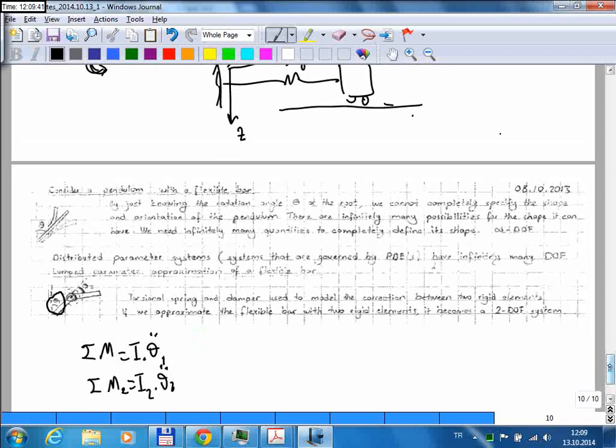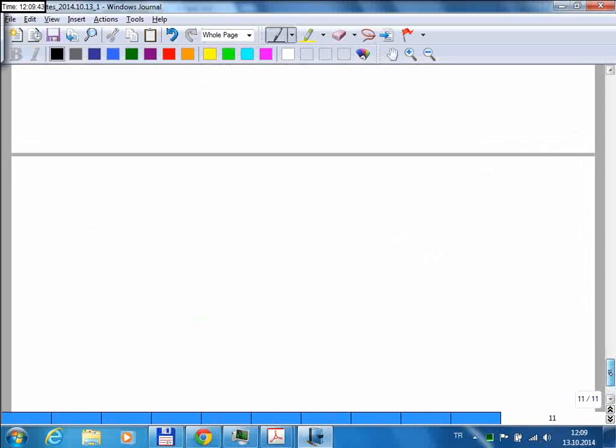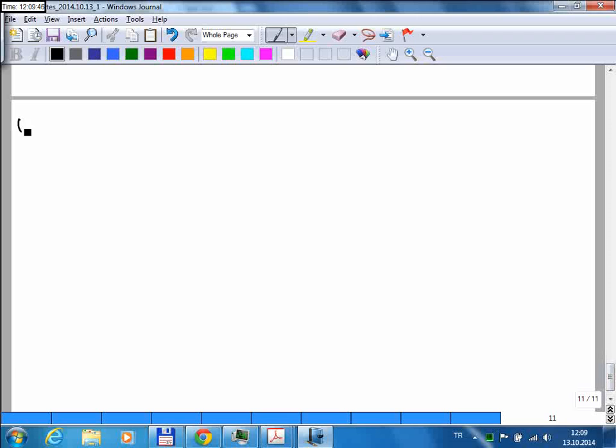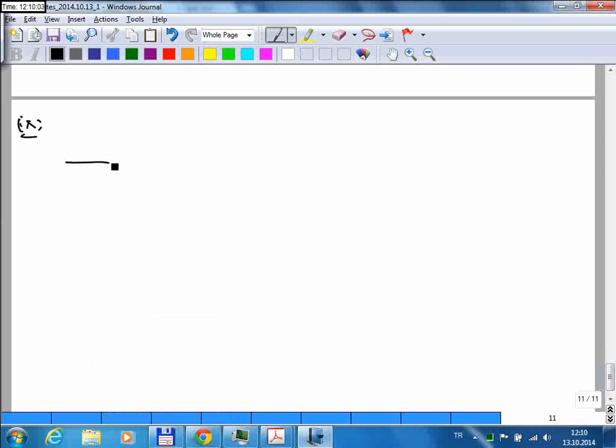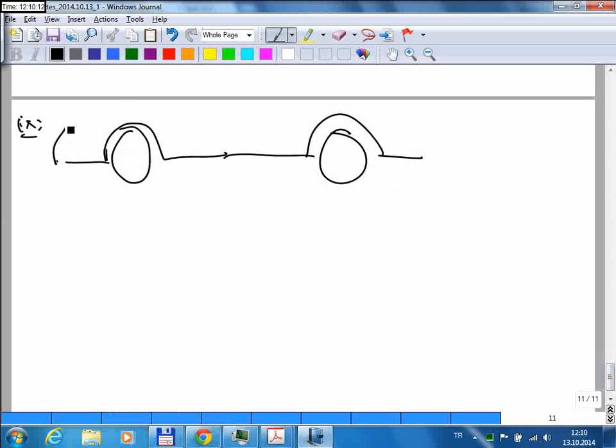So let me now go back and show you an additional example for a mechanical system. So this is an example I really like. So this is the car suspension problem. Let me just try to do it quickly. So we're considering a car like that, and we're just looking at this part, okay?